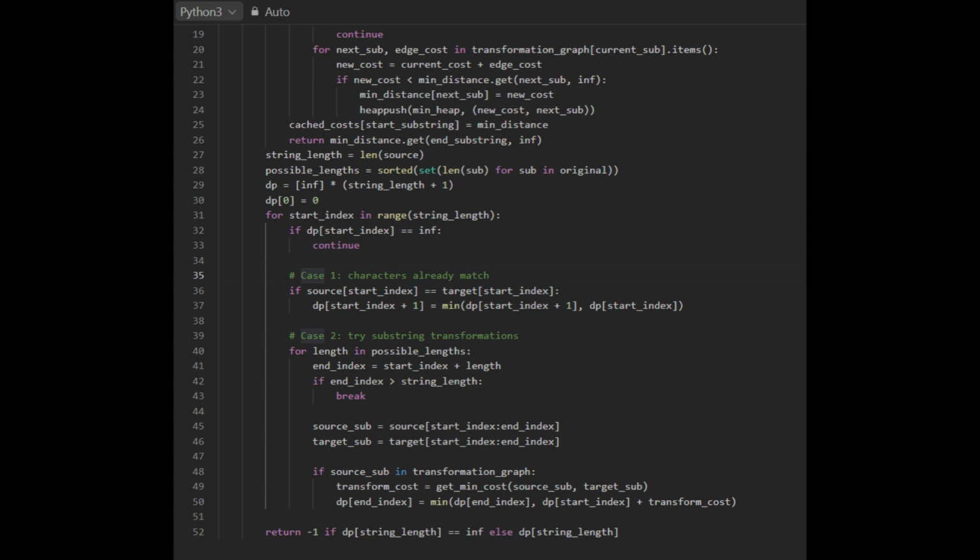Try all substring lengths that exist in transformation rules. If a transformation is possible, update dp using the shortest path cost. Step 5. Final answer. At the end, if dp[n] is still infinity, return -1. Otherwise, return dp[n]. This guarantees the minimum possible cost.